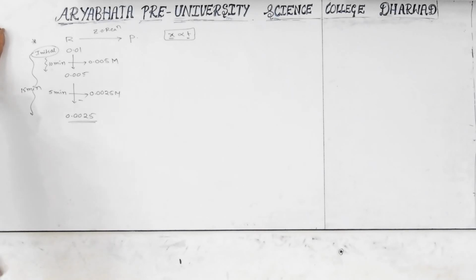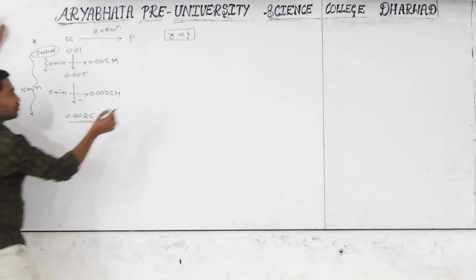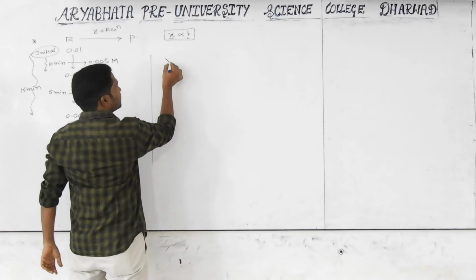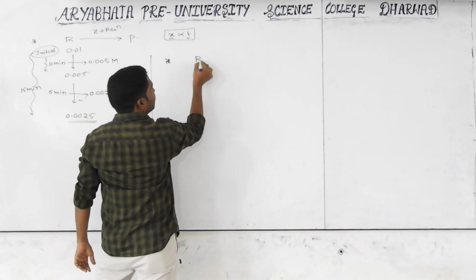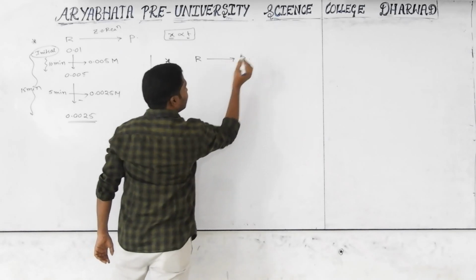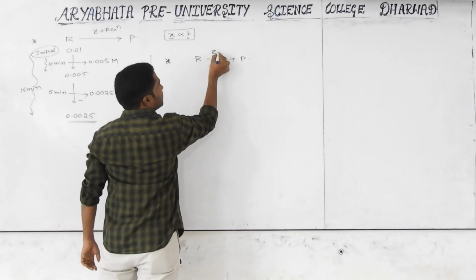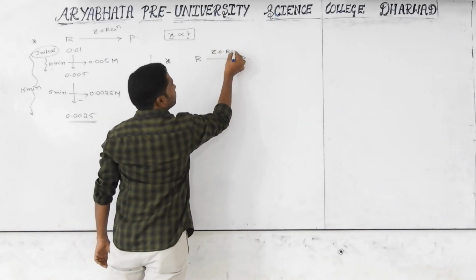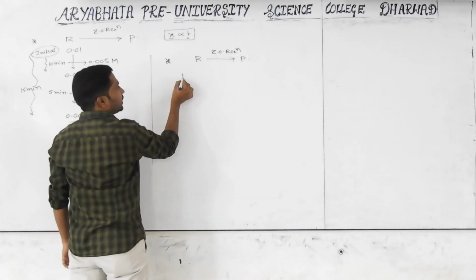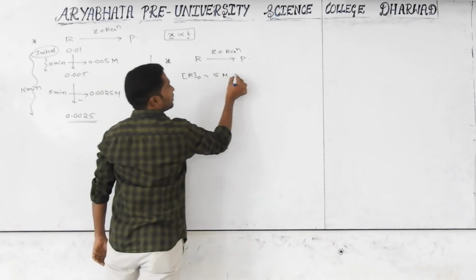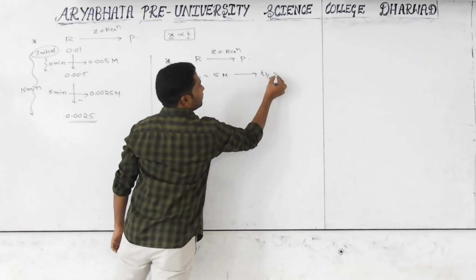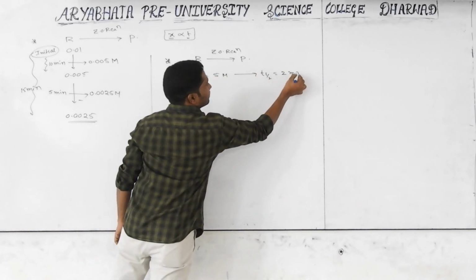Are you ready now? Yes, I will give you one more question. You see carefully. For example, you have a chemical reaction. Reactants are converting into products. It is mentioned that it is a zero order reaction. In case of zero order reaction, if the initial concentration of reactant is 5 molar, then half-life time is 2 minutes.